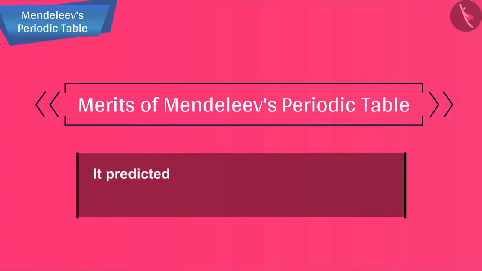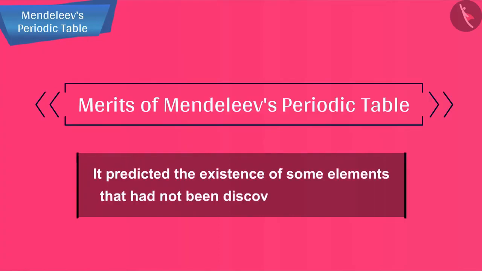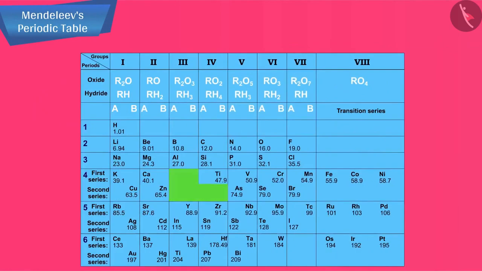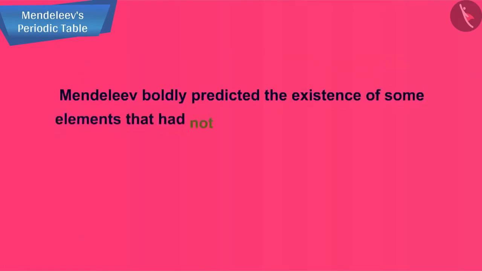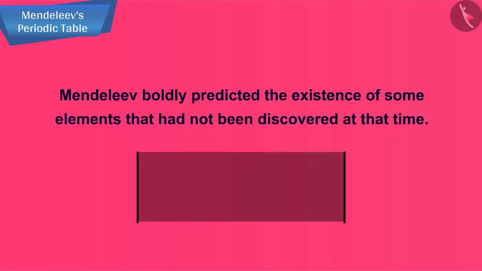It predicted the existence of some elements that had not been discovered at that time. Mendeleev left some gaps in his periodic table. Instead of looking upon these gaps as defects, Mendeleev boldly predicted the existence of some elements that had not been discovered at that time.